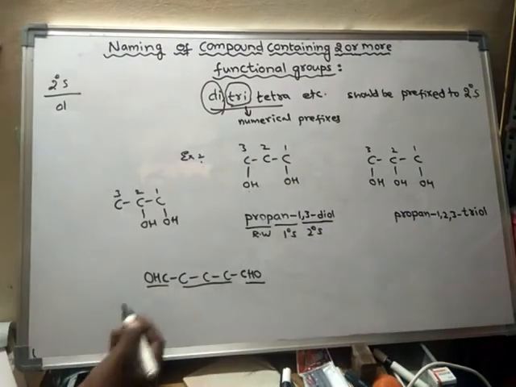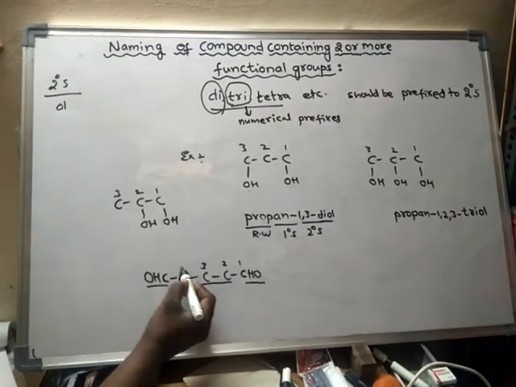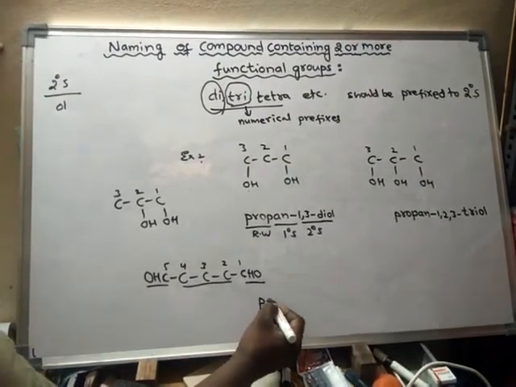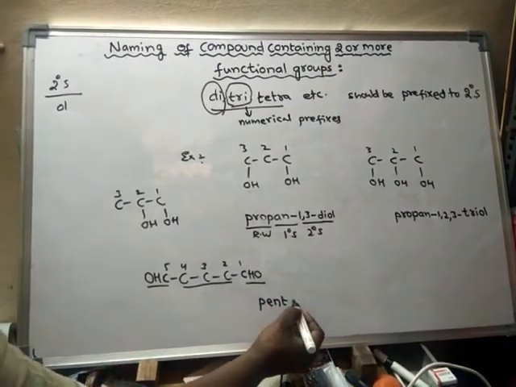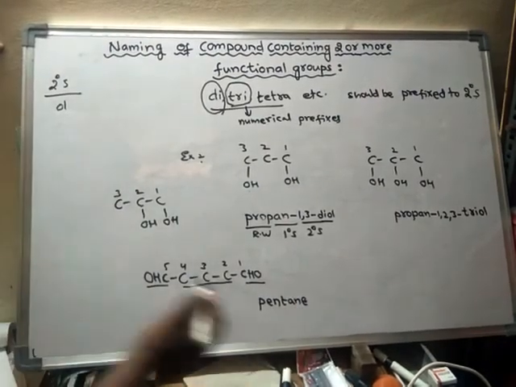How many carbons are there altogether? 1, 2, 3, 4, 5 carbons are continuous. So this is the chain: pent. Between every carbon there is only a single bond, hence ane. So the secondary suffix for aldehyde.